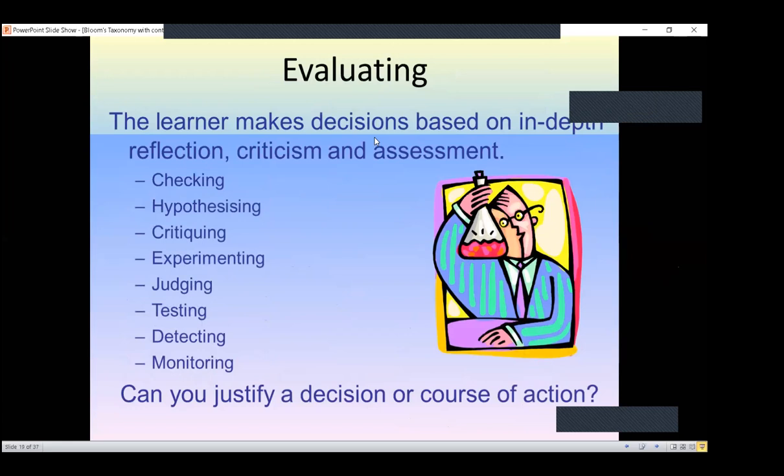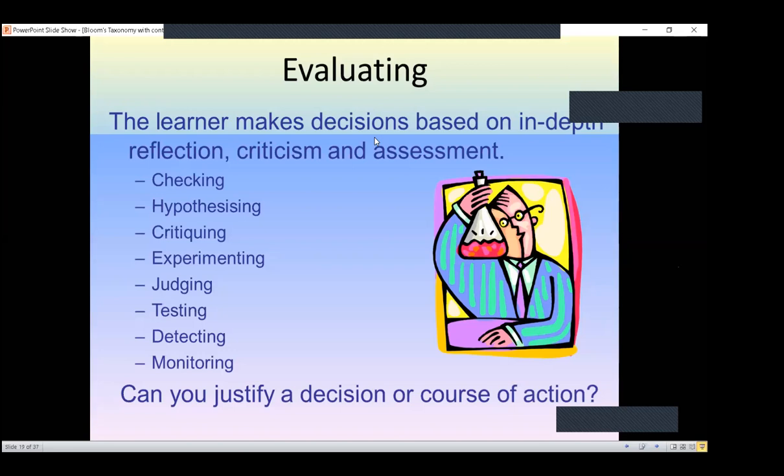The next level is evaluating. Again, this is a higher order thinking skill. Your students think in depth, they reflect, they do criticism, and they do analysis. Basically, they are judging here. They are judging whatever the inferences are, whether they are correct or not.